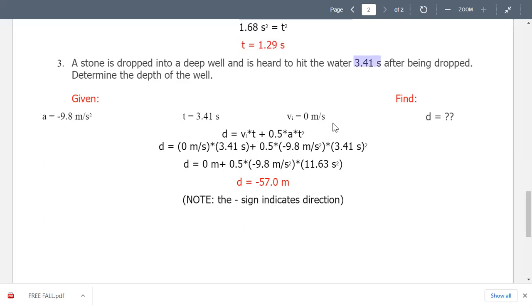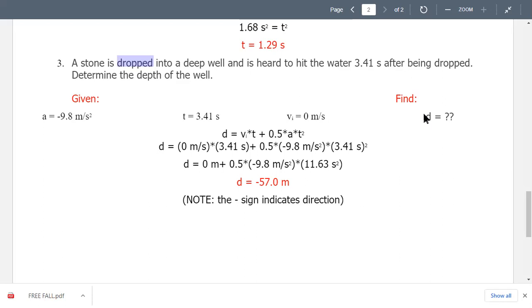Initially, the stone is at rest, so vi is equal to 0 meters per second. Since this is on Earth, your acceleration due to gravity is 9.8 meters per second squared. It is negative because it was dropped downwards. So we are going to solve for the depth, or the distance traveled by the stone downwards.